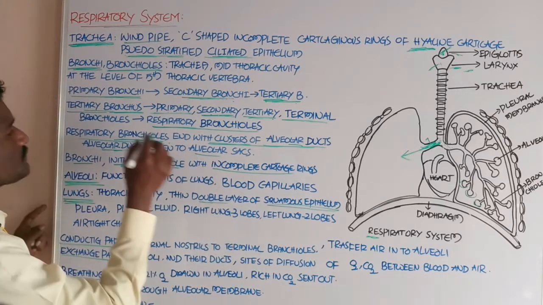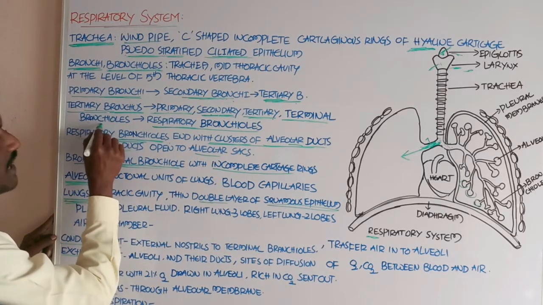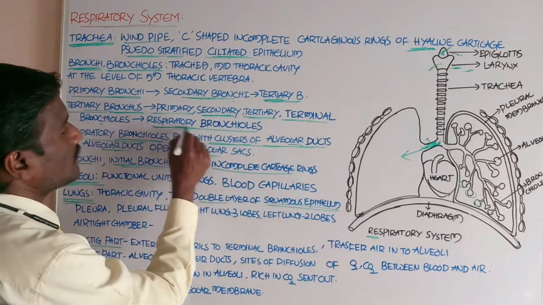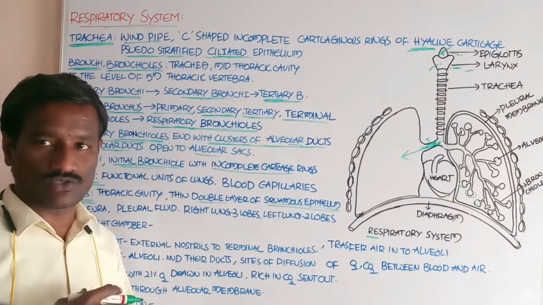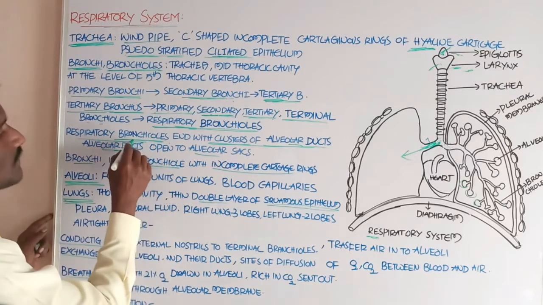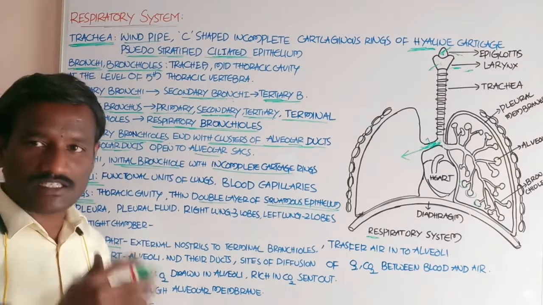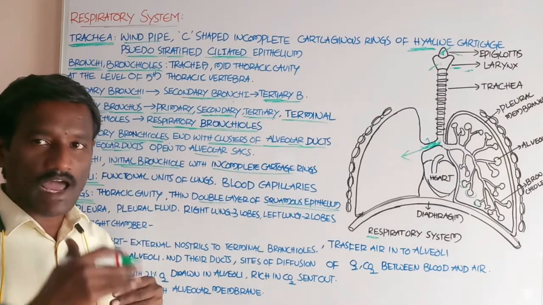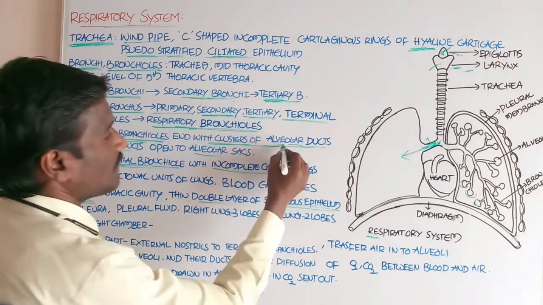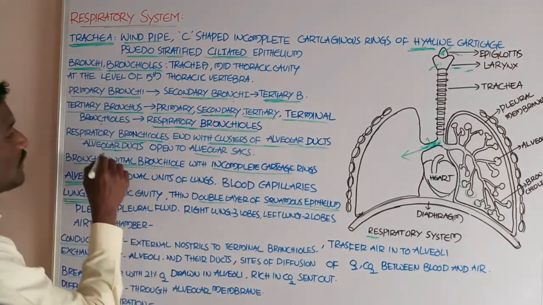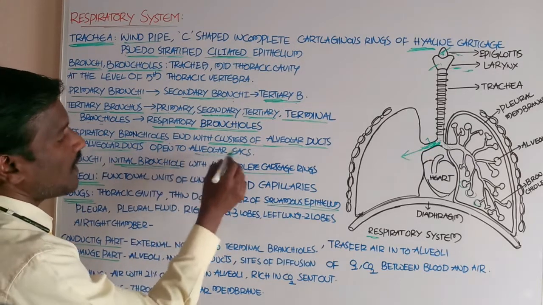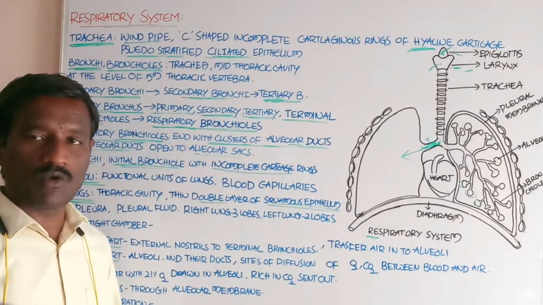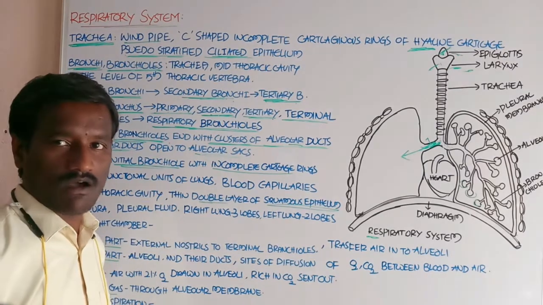The terminal bronchioles end with the formation of respiratory bronchioles. Respiratory bronchioles end with clusters of alveolar ducts. Alveolar ducts open into the alveolar sacs.